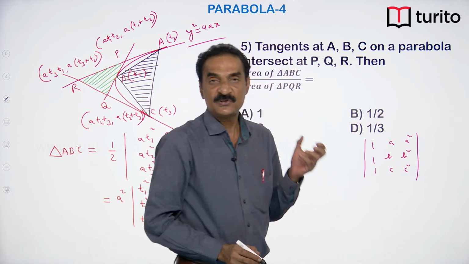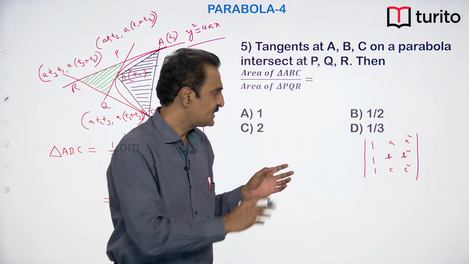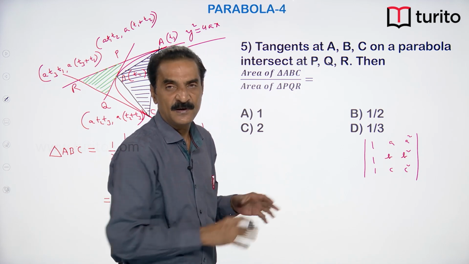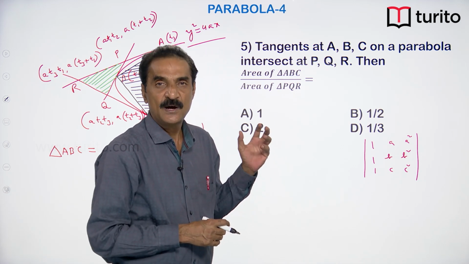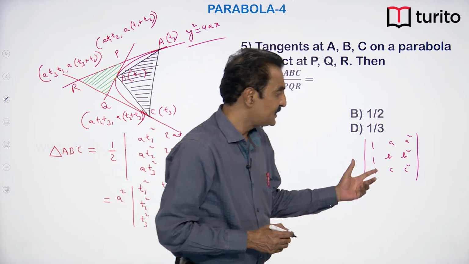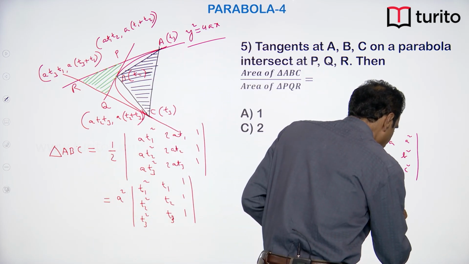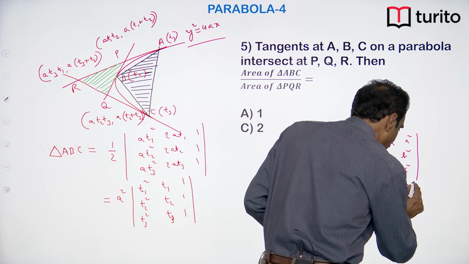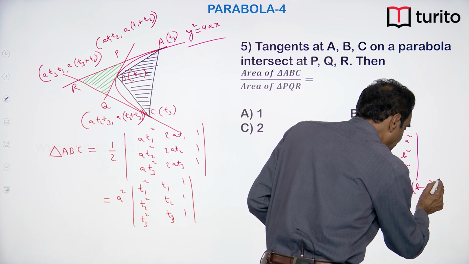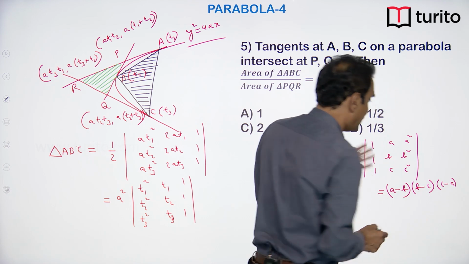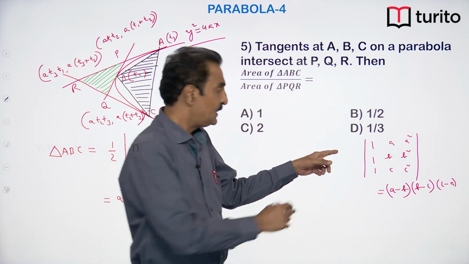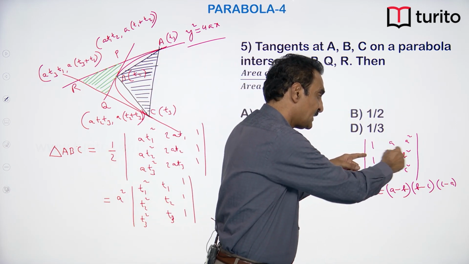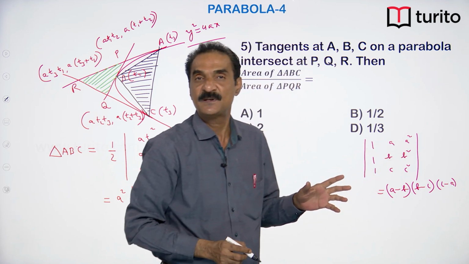This determinant is called a circulant, and it comes very frequently in many questions. So, we have to remember this. Its value is a minus b into b minus c into c minus a. Similarly, if the first row is 1 1 1, the second row is a b c, the third row is a square b square c square, it is the same.